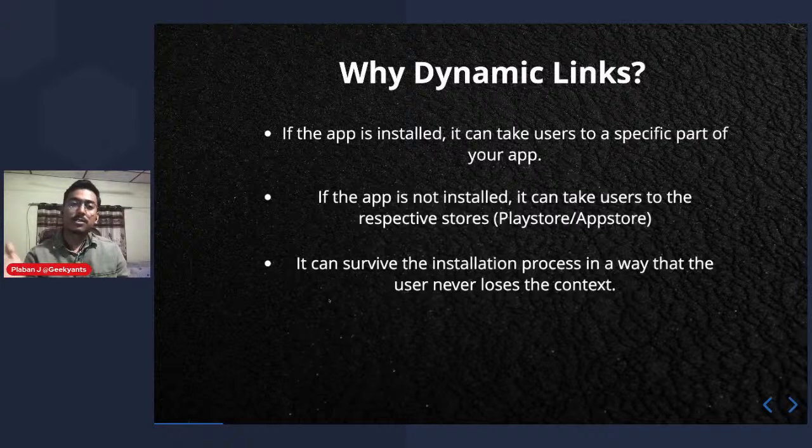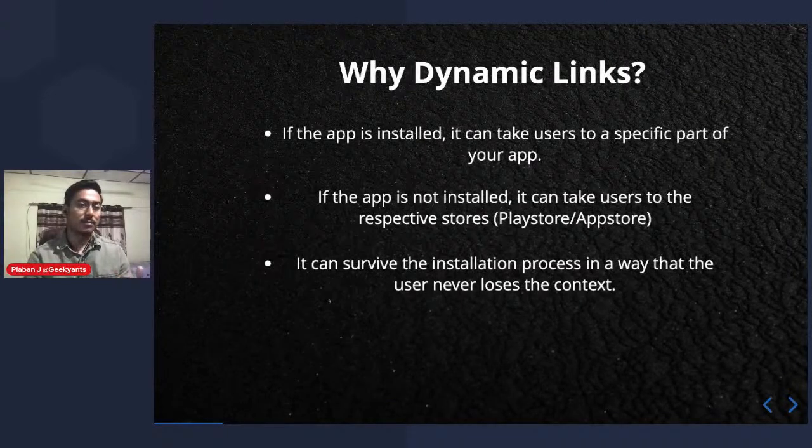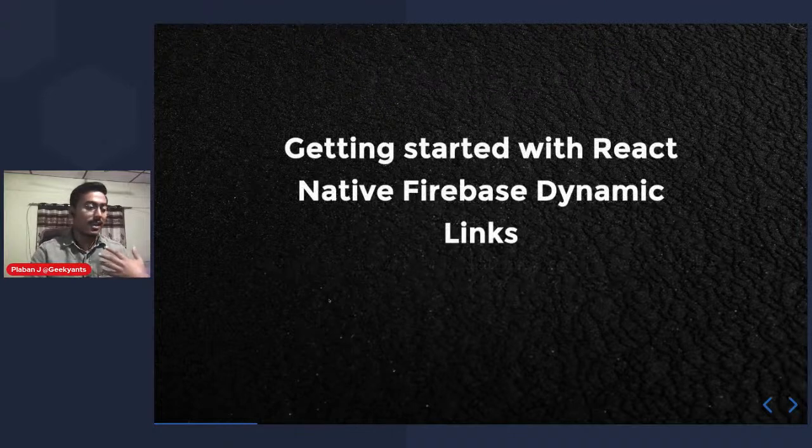But even after the installation process is done, that dynamic link will hold the offer key so that you can provide a very personalized experience, or you can take them to a specific part of the app. So now we have understood why we need dynamic links and how it helps us. So let's get going and start installing and implementing it with our app.